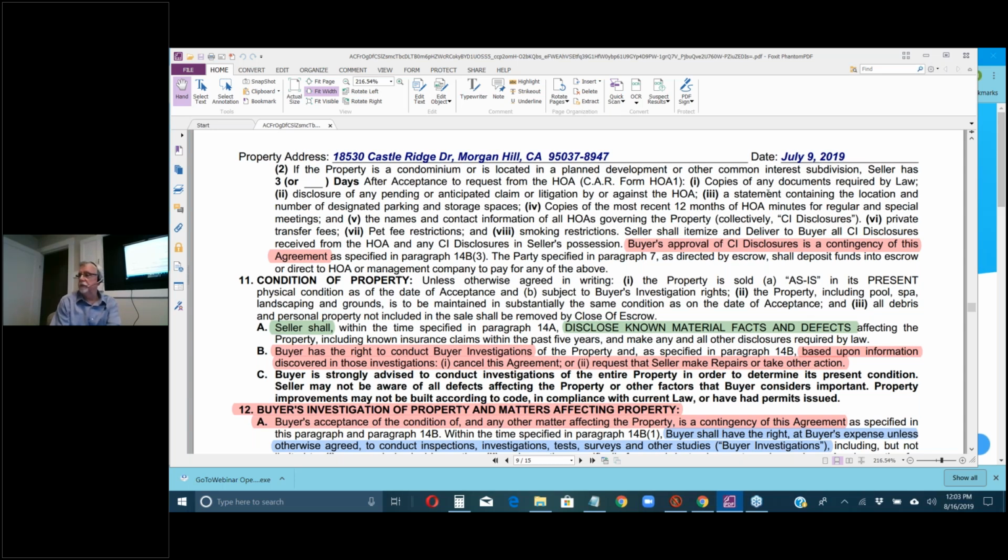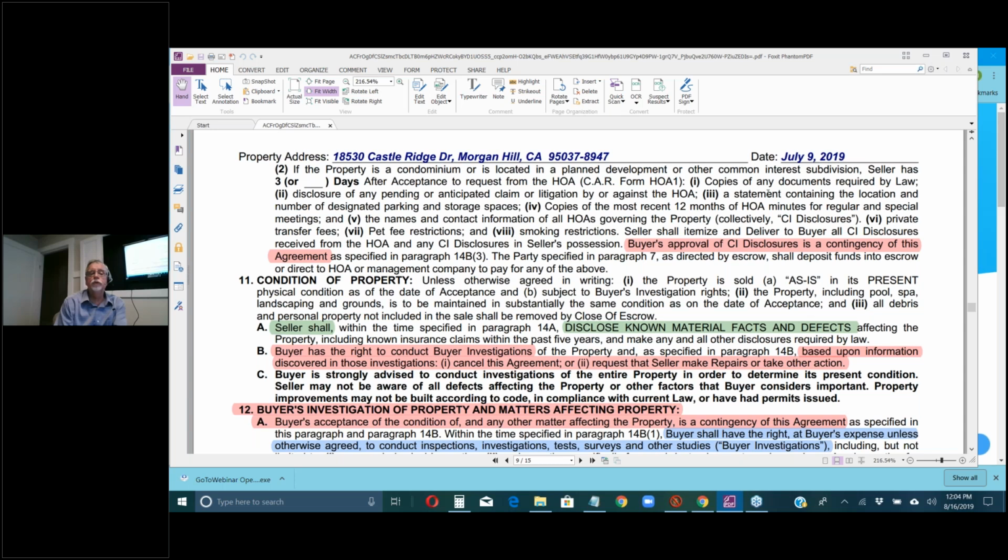It said all plumbing leaks are to be repaired, any broken and cracked glass is to be replaced, et cetera, et cetera. We don't do that anymore. But as is does not mean that the seller doesn't have to tell the buyer what's wrong. It simply means the seller is not obligated to fix stuff at the beginning of the contract.